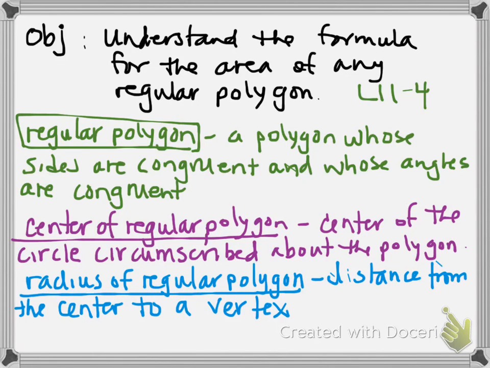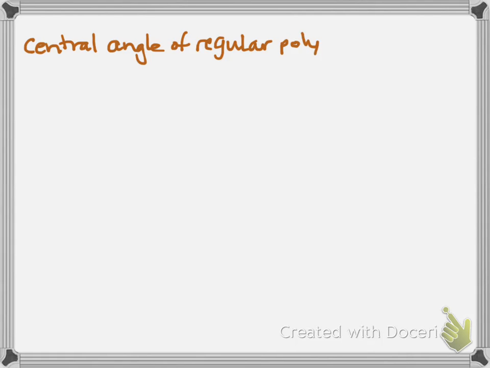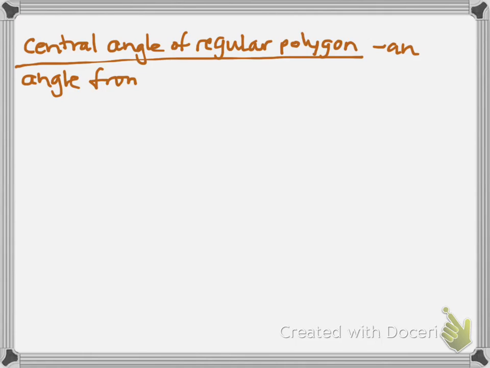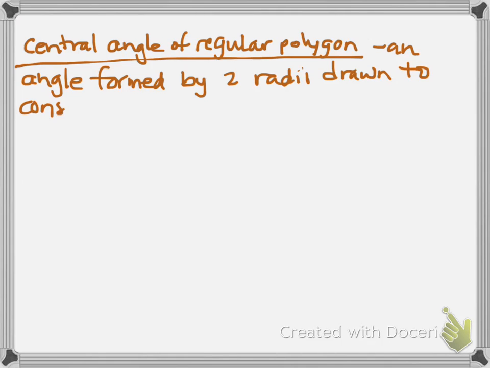I'm going to go to the next slide. Everybody ready? So the next vocab word is going to be the central angle of the regular polygon, and that's going to be an angle formed by two radii drawn to consecutive, so one right after the other, vertices.